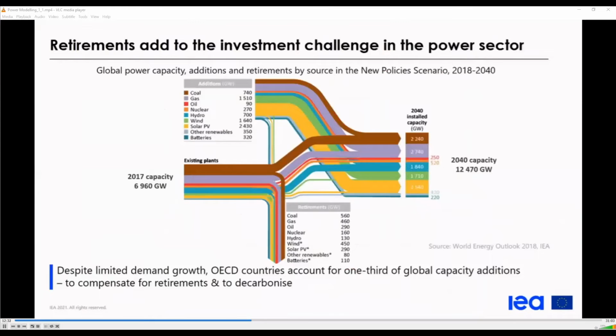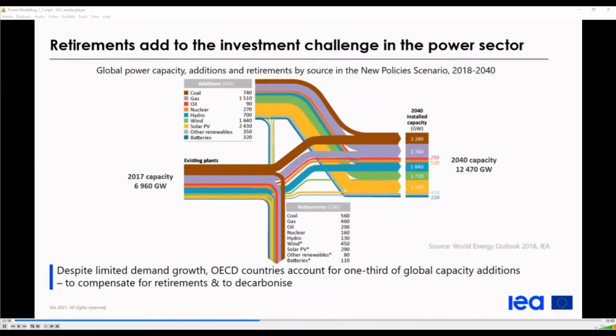So maybe before digging in, an important consideration to have in mind here. When we are talking about the needed installed capacity in a power system, there are two components. We build it to meet demand, but also because our power plants have a lifetime.